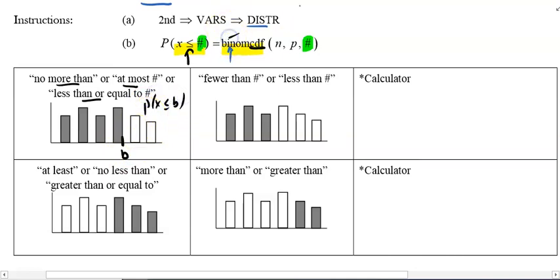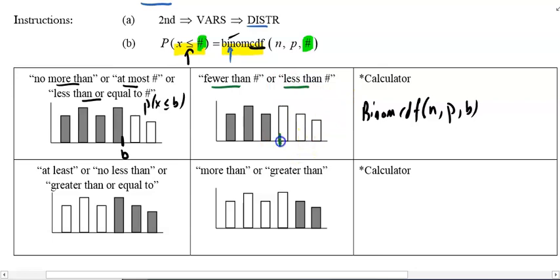Then that works. I will use binomial CDF, and I would use the number of trials, probability of success, and I would use b in that case.